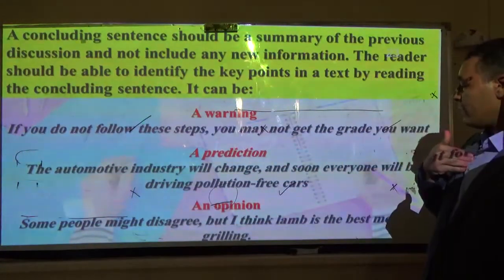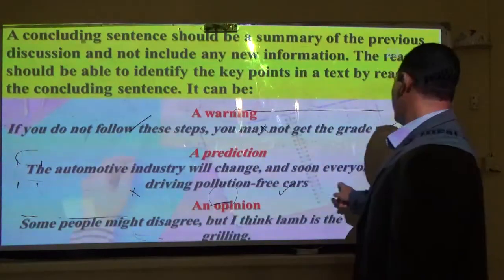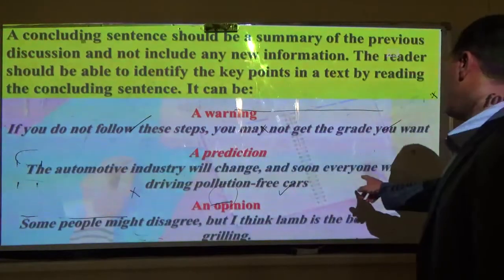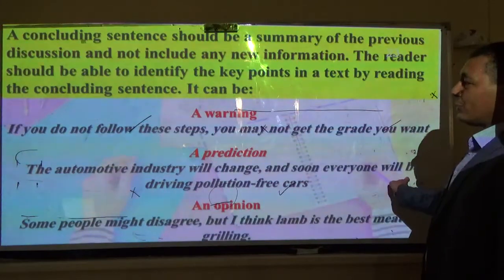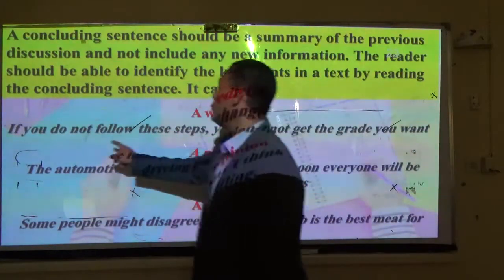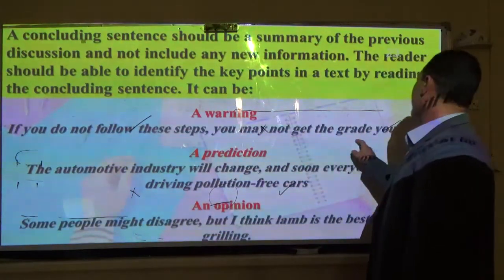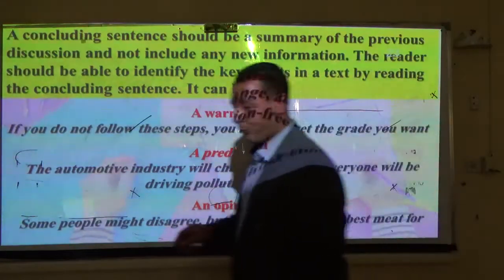When you say I think, this is your opinion. A prediction, when you find the words here, the automotive industry will change and soon everyone will be, this is a prediction. Warning: if you do not follow these steps, you may not get the grade you want. This is what we call a warning.